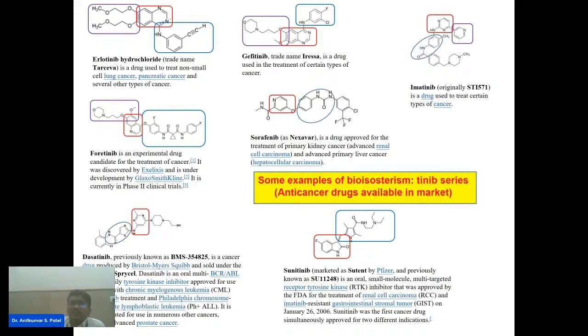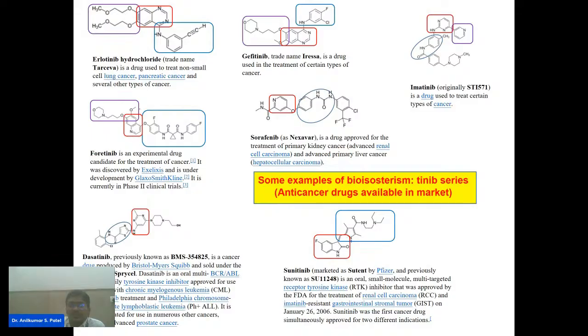We can say that it is a heteroatom-containing compound, which is similar to gefitinib. So the heterocycle remains the same; the pharmacophore remains the same in the molecule. Similarly, imatinib also has a pyrimidine structure here.